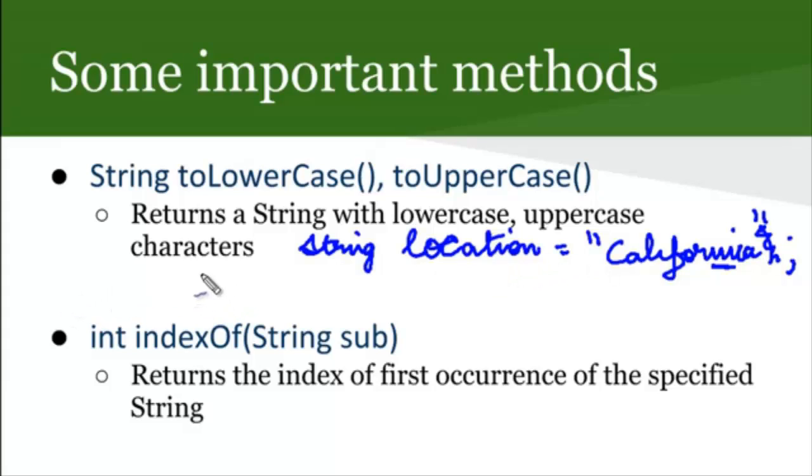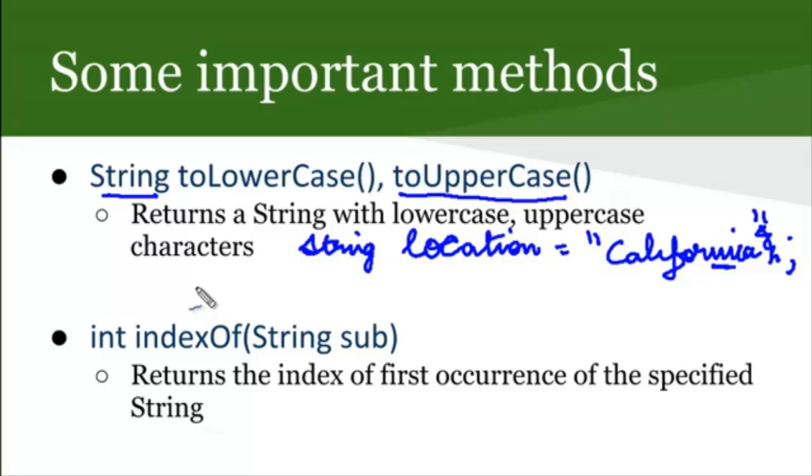Now what I want is, like the previous example in which I manually wrote everything in uppercase, I want my string to be converted into uppercase characters. So I'll use the toUpperCase function and it will give me a string.